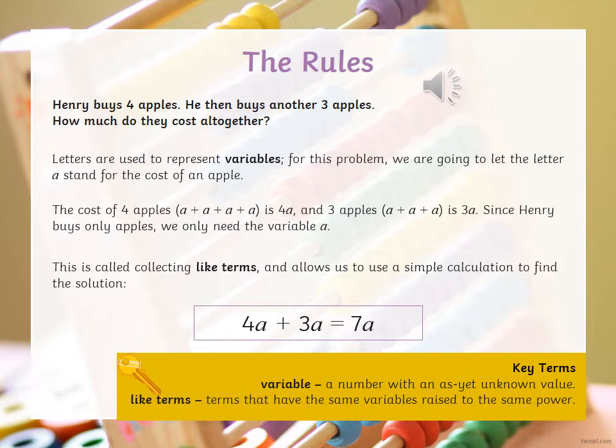A is the same variable, so we can only add the coefficients of both. So 4 plus 3 equals 7A. This is called collecting like terms, and it allows us to use simple calculation to find the solution.